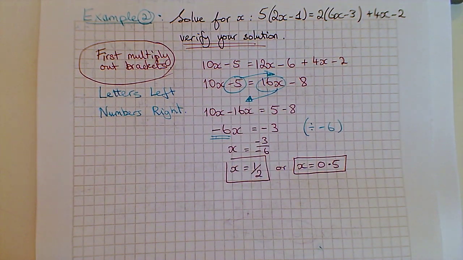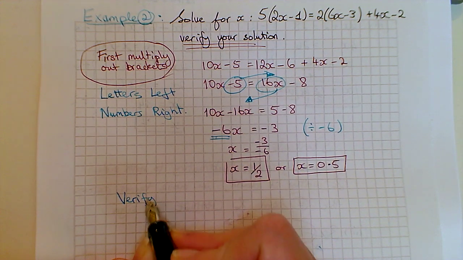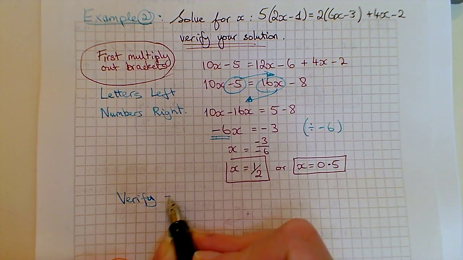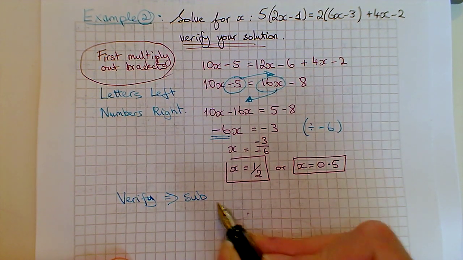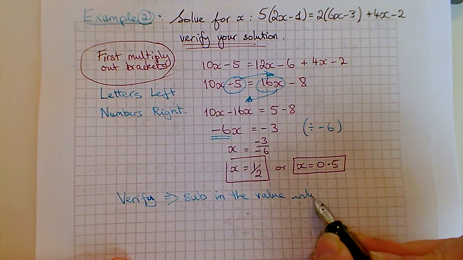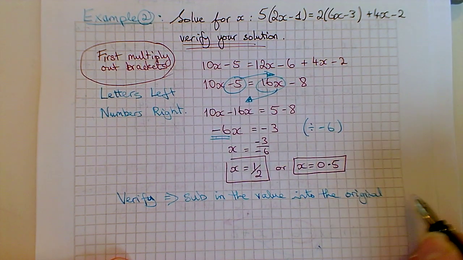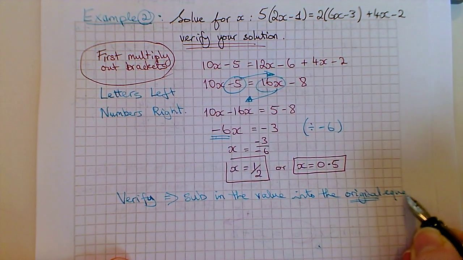Verify your solution. So verify means to show something is true. And verify in maths, if you're solving, means you sub in the value into the original equation. Always the original equation.